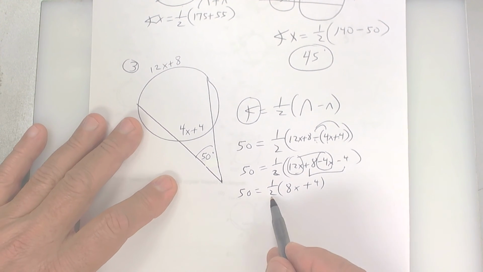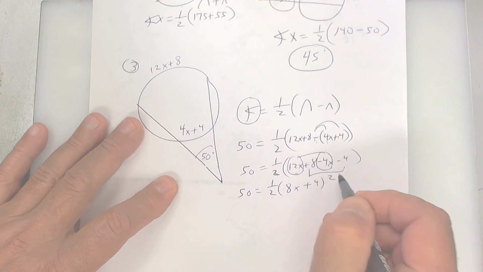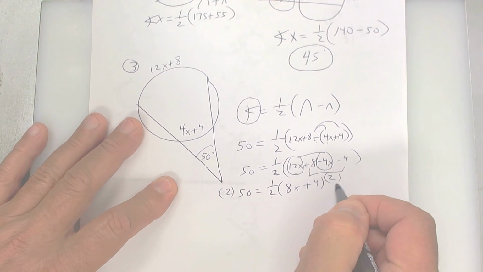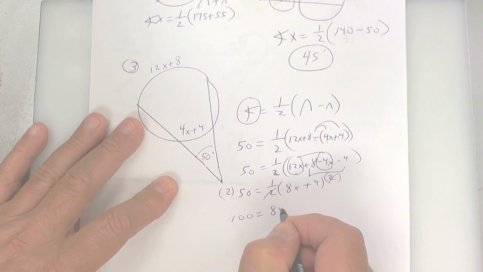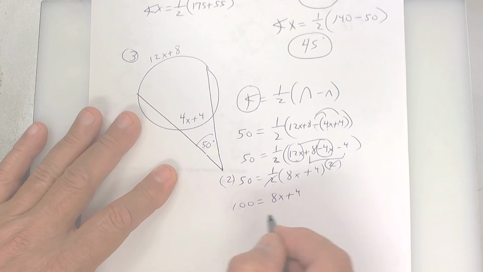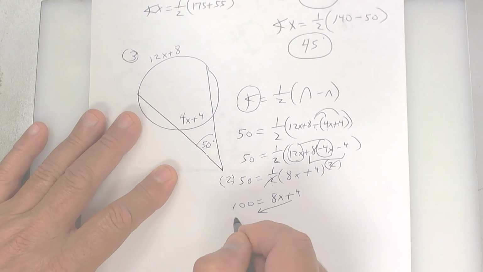All right, at this point, you could take half, or you could just multiply by 2. I'm going to multiply by 2 to get rid of that. So I'm going to get 100 is equal to 8x plus 4. Now I'm going to subtract 4 and then divide by 8.